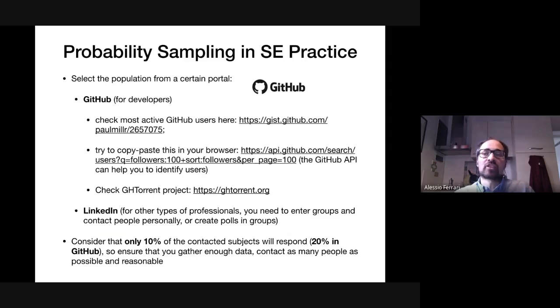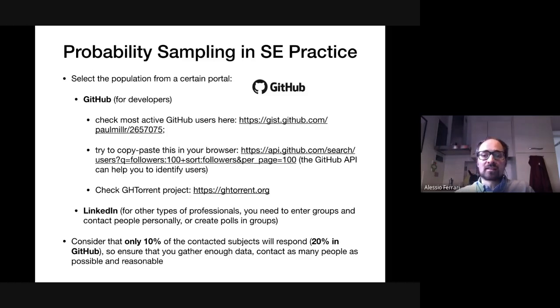Because here we are just speaking theoretically. In practice, if you want to survey people from GitHub, if your survey is concerned with developers, for example, you go in GitHub and you can submit the query that is written here.